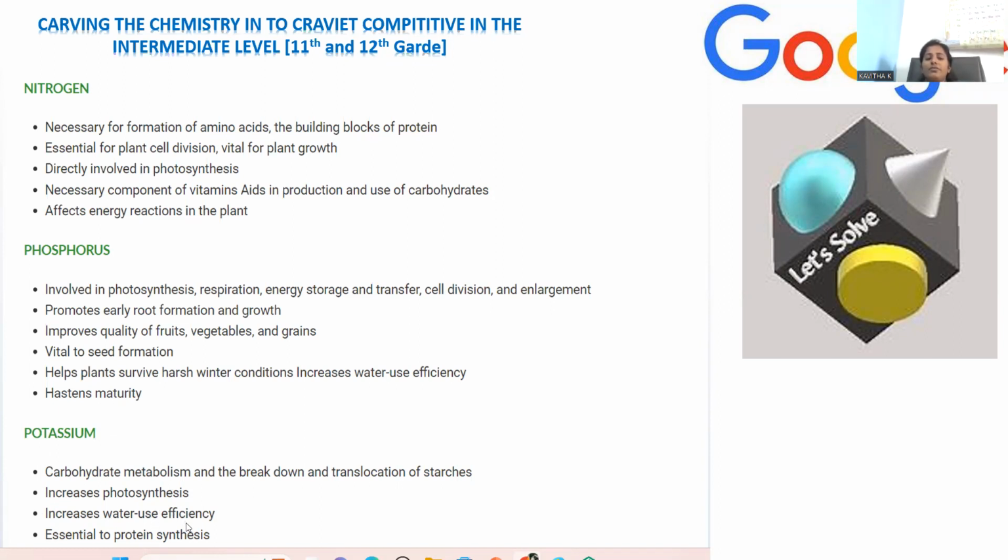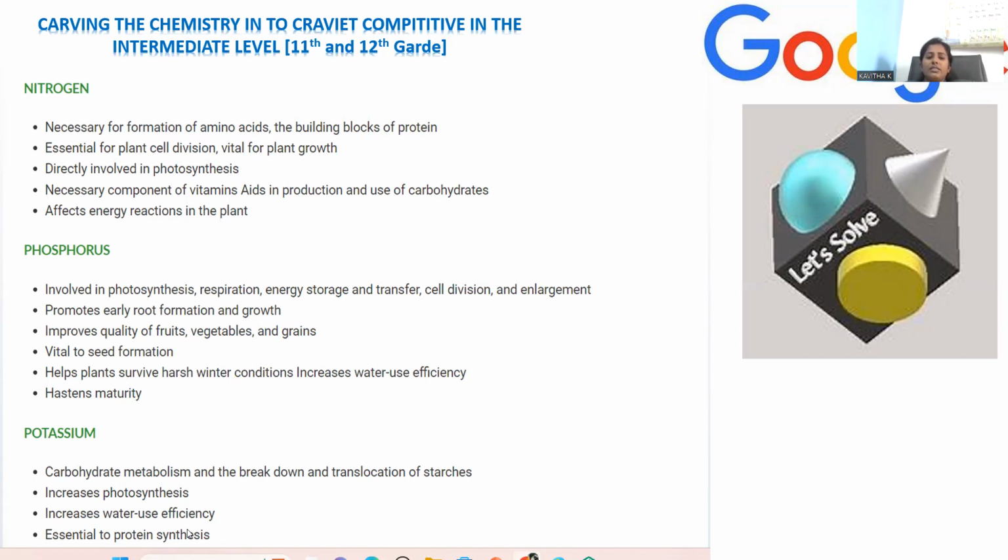It increases water use efficiency. The extent of water usage determines the extent of flourishing, right? Water is very essential for crop growth. Some crops consume the maximum amount of water. Some crops can grow in arid lands, but most croplands require a continuous water supply, so efficient water usage can be regulated by potassium. It is also essential to protein synthesis.